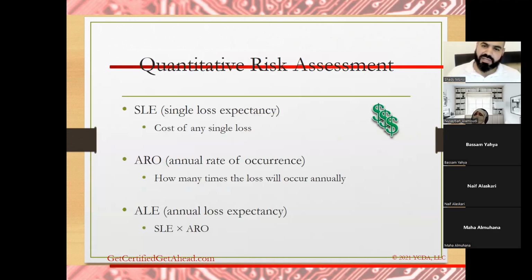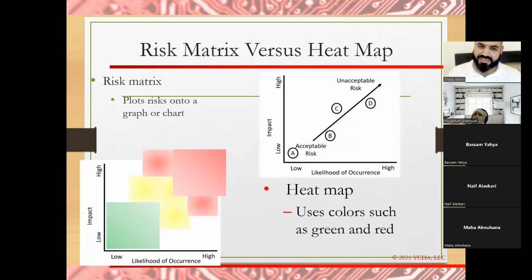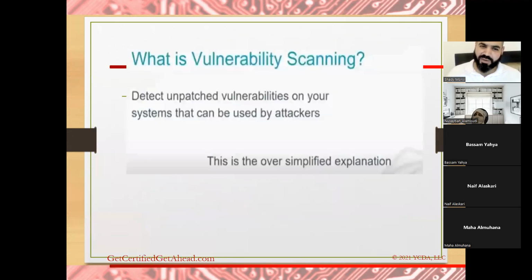Let me go quickly through the vulnerability scanners. I know this lecture is long, but I'll just give you a quick overview. If you look at a very simple, oversimplified explanation, if you are in an interview and they ask what a vulnerability scanner is all about, you will say it detects vulnerabilities in your system.